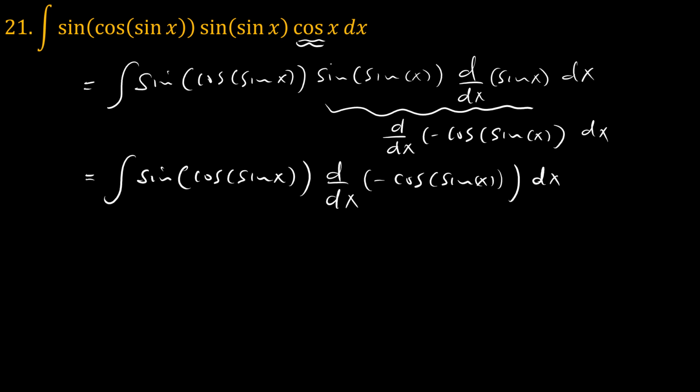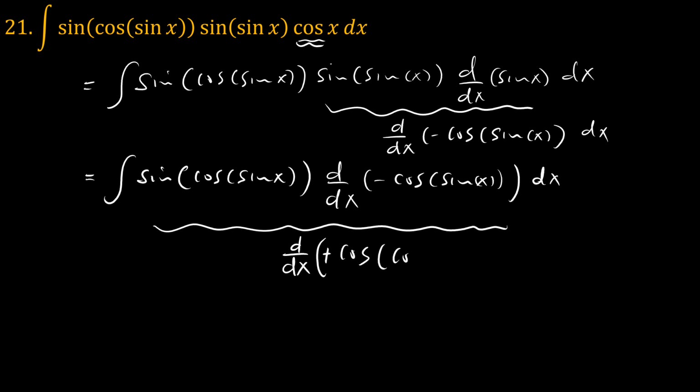So what we can also see is that this entire part here is actually the derivative of negative of cosine, actually it's positive of cosine of sine of x, right?